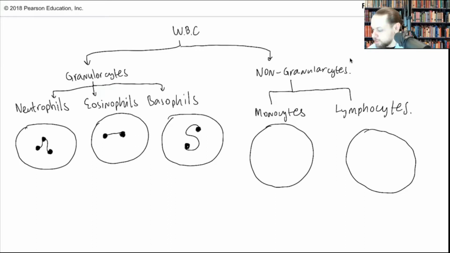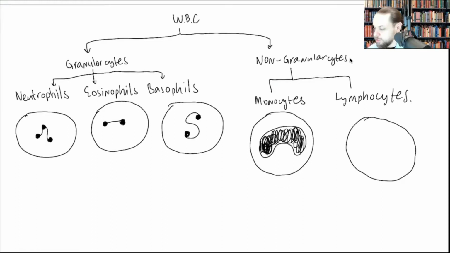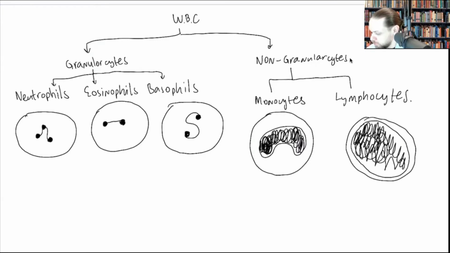In monocytes, it usually looks like a kidney. So the nuclear material is kidney-shaped. And then in the lymphocytes, the nucleus takes up pretty much the entire cell. So this entire content is the nuclear material, or the nucleus.